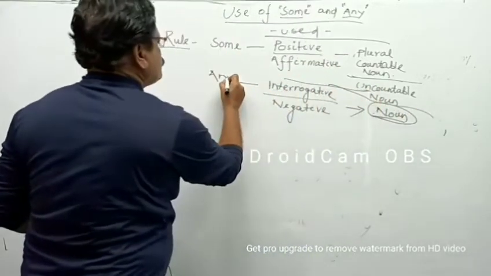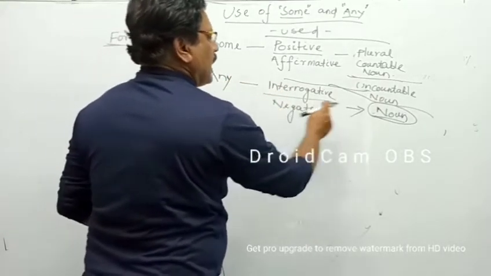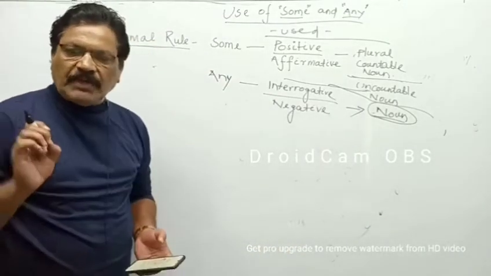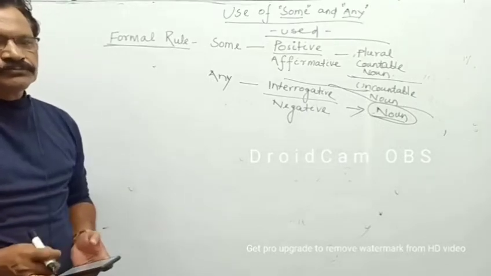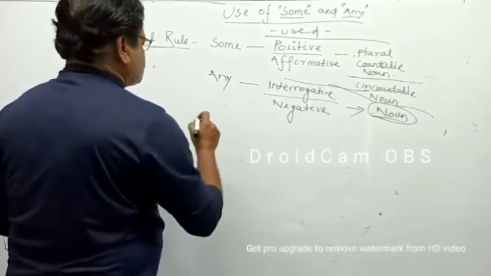And any is used in interrogative and negative sentences and before any noun. That is the discussion up to 10th class. But in plus 2, if the context demands, okay, I'm giving some examples.